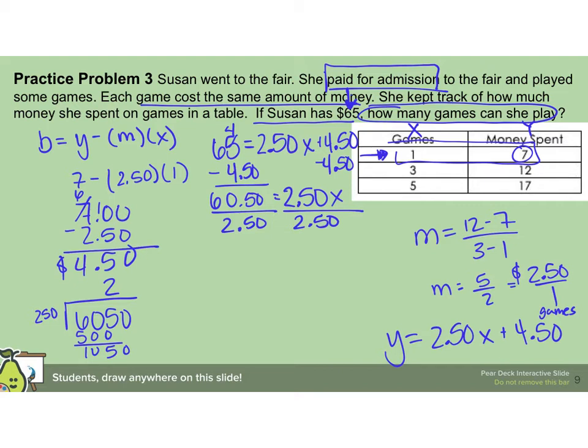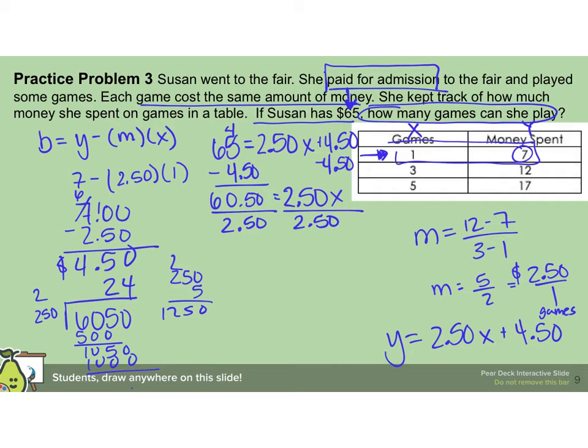Let's see, I think it's only 4. Let's see what 2.50 times 5 is. Yeah, that's too much. So 4 gives me 0, 20, and she has some change. So she can get on 24 rides, and she'll have 50 cents left over if she brings $65 to the fair.